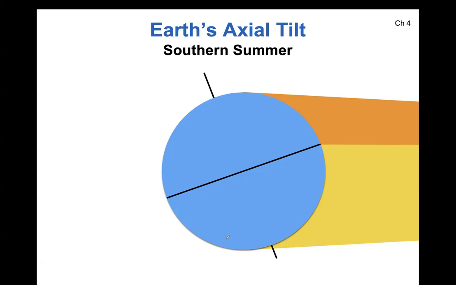And then, of course, the surface curves away and is no longer getting any sunlight. So anything past the Antarctic Circle on the longest day of the year in the southern hemisphere will have an actual rising and setting of the sun.